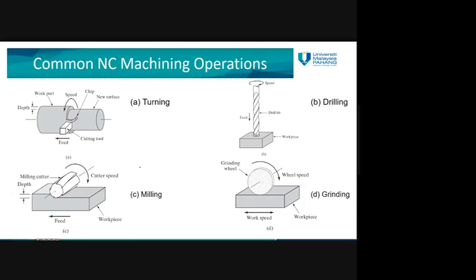You can find a lot of videos on YouTube about each process. You can see how turning operates, how milling, drilling, and grinding operate, and so on. You can find the different types of NC operation either in 3D animation or on real machines.